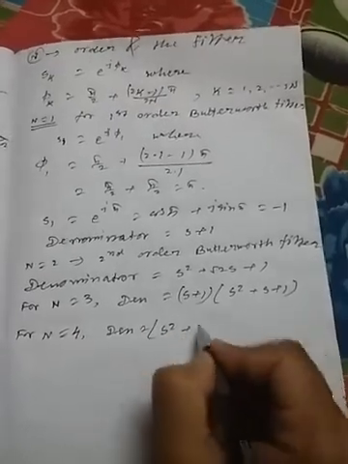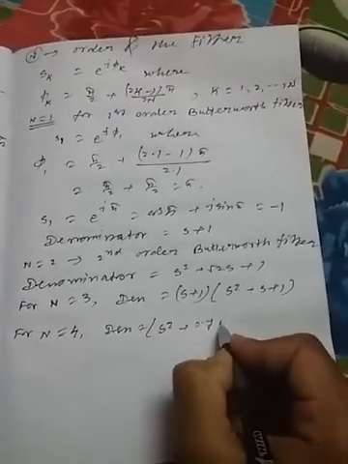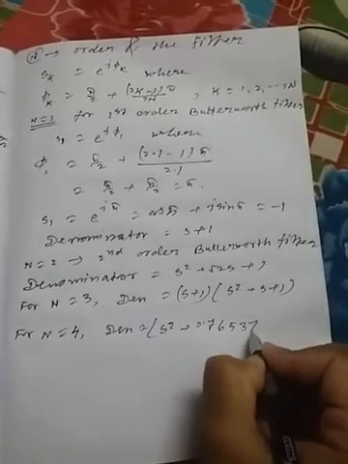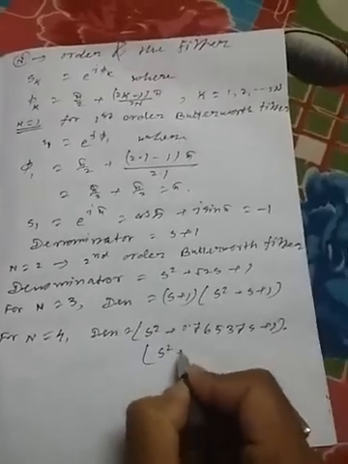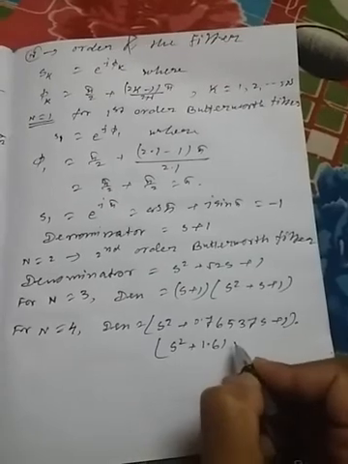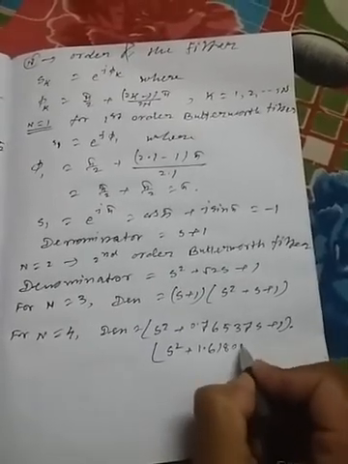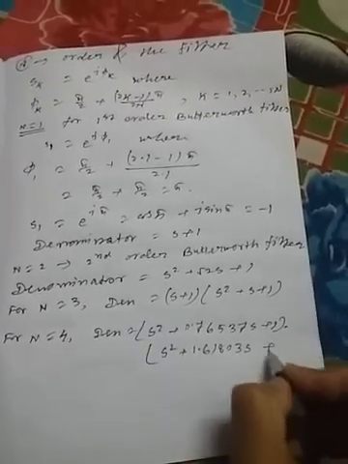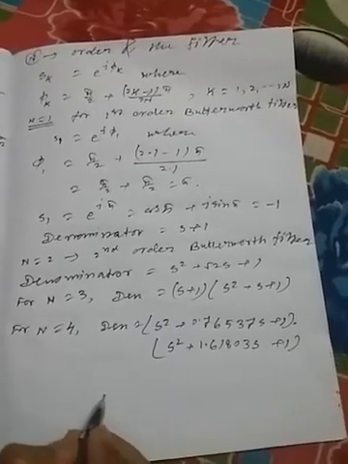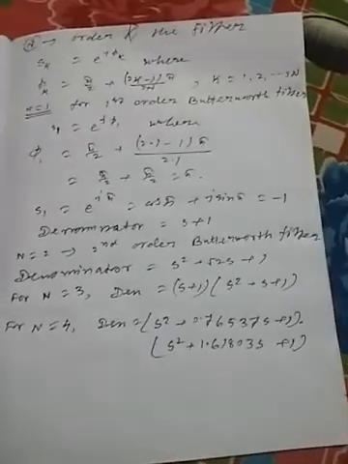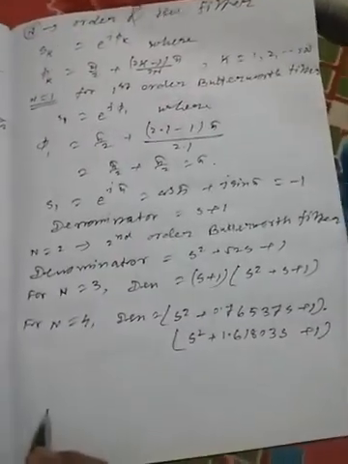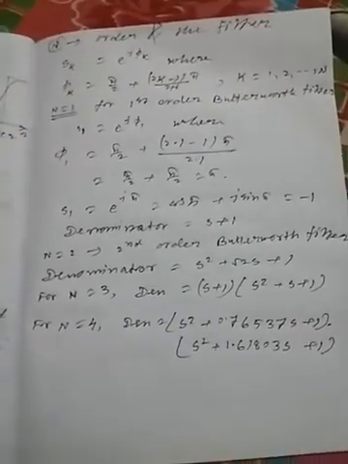Now for n equals 4, that is a fourth order Butterworth filter, the denominator will be (s square plus 0.76537 s plus 1) into (s square plus 1.61803 s plus 1). In this way you have to remember the denominator for n equals 5, n equals 6, and again for n equals 7.